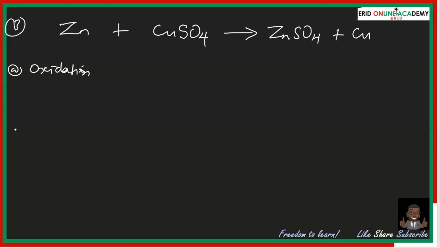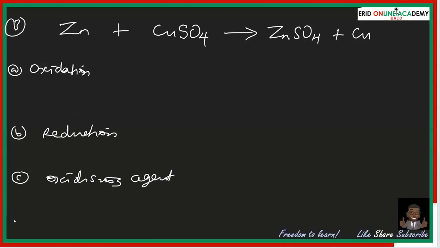Find the reduction equation. Then state the oxidizing agent and the reducing agent. Go ahead. This time around, get it right.